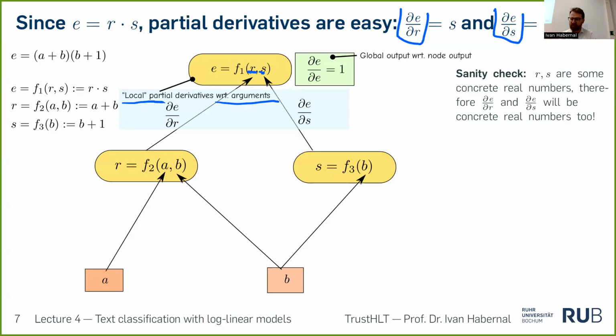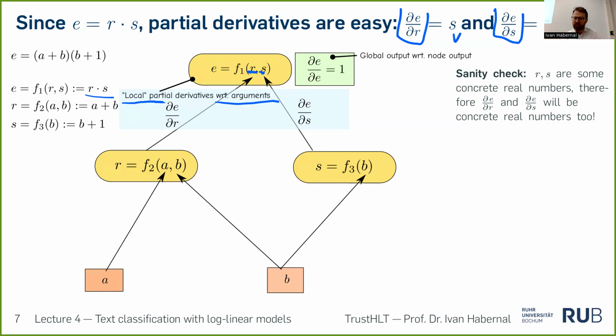So here the question is, what is the partial derivative of E with respect to S for this function f1? Well, this is a product. So the partial derivative with respect to R, by treating S as a constant, is going to be S, and the other way around. And I think this is what we had in the exercise as well.